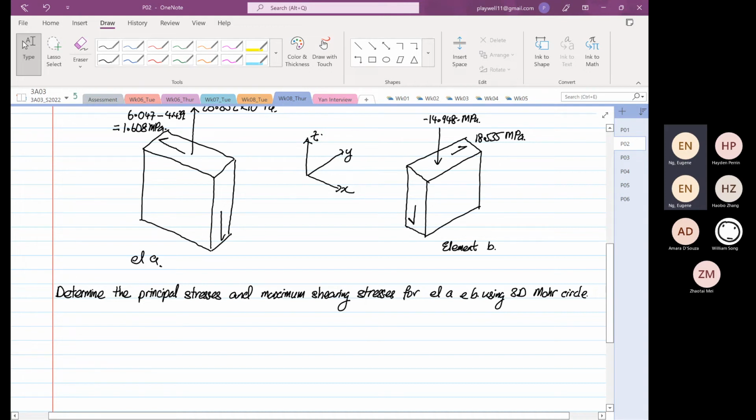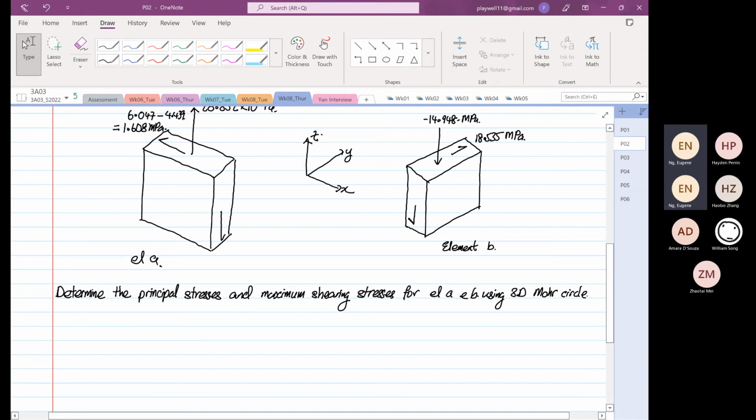I'm going to teach you as if you have no knowledge of Mohr circle. But I'm going to show you now how to construct 3D Mohr circle. Constructing 3D Mohr circle, the knowledge required is 2D Mohr circle.